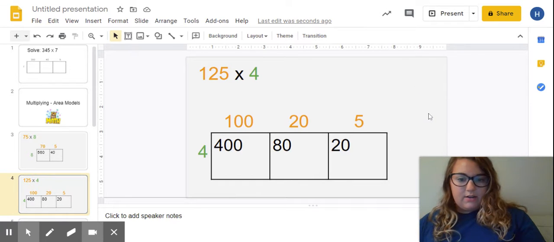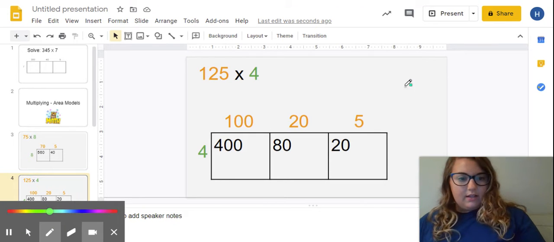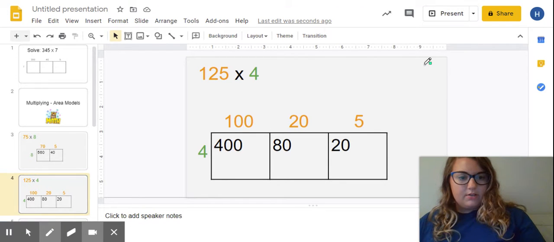So off to the side here again, I'm going to start with my first square and write out my 400. Now moving on to my second, I have 80, making sure that my place values are lined up correctly.